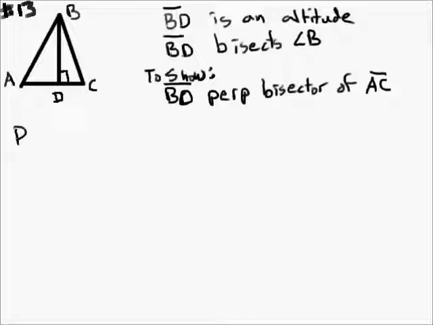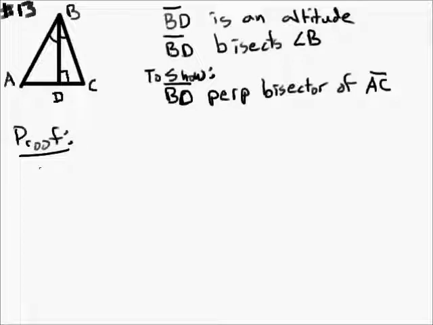Alright, let's get our proof on. Okay, I'm going to draw in what we're given here. We know that this angle is congruent to that angle. And we know that BD is perpendicular to AC.